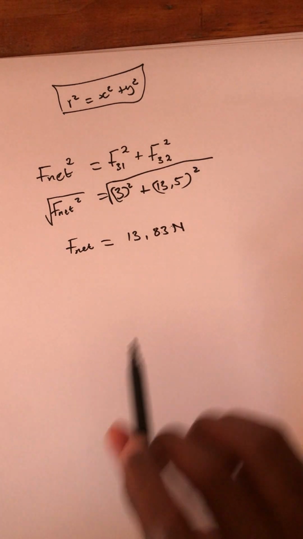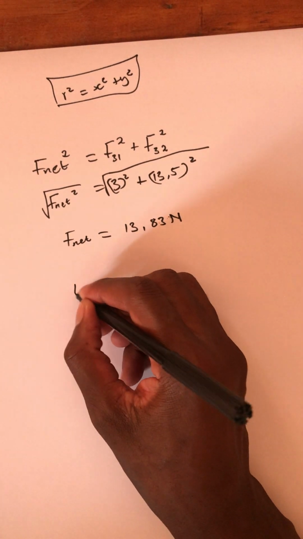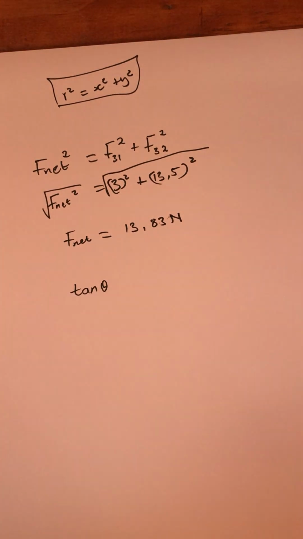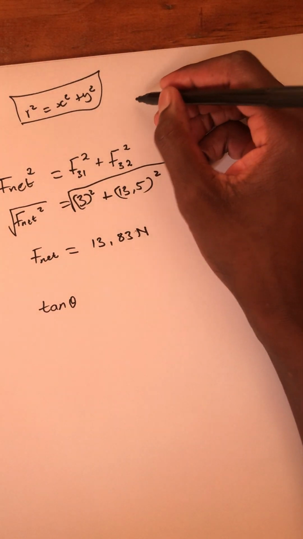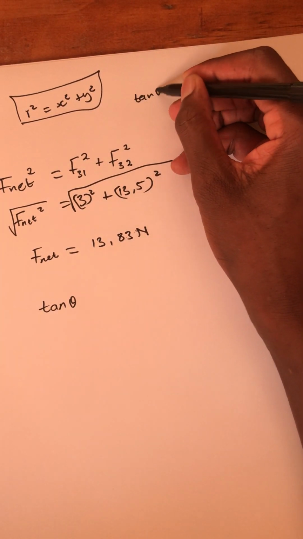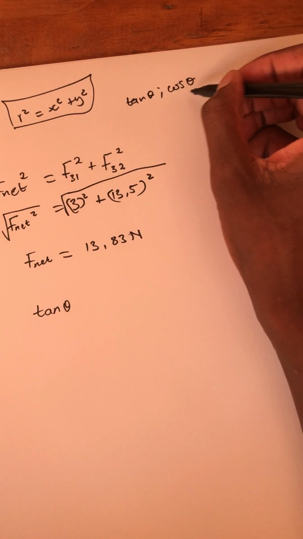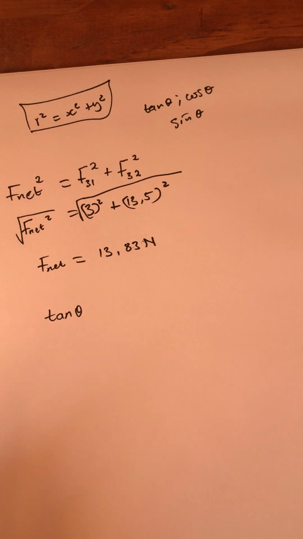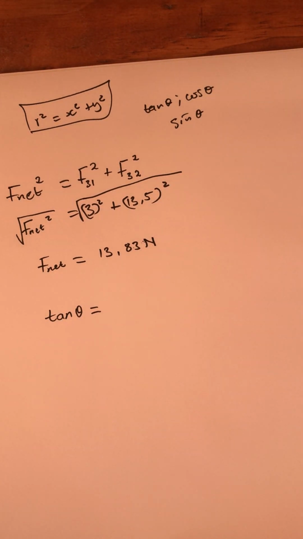Now, since we want the direction of the net force, that's where we apply the trigonometric ratios. It can be tan, it can be sine, or it can be cos. They are all allowed or accepted. So it can be tan theta, cos theta, or sine theta. Any one is accepted. For now, let's say we choose tan.